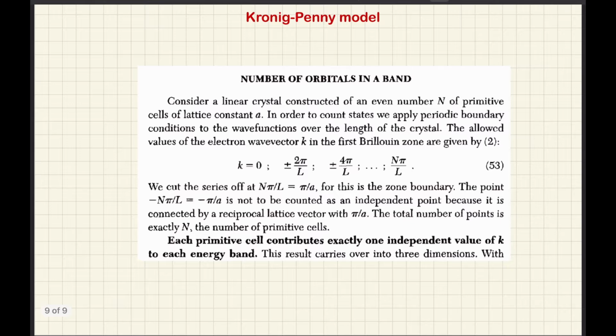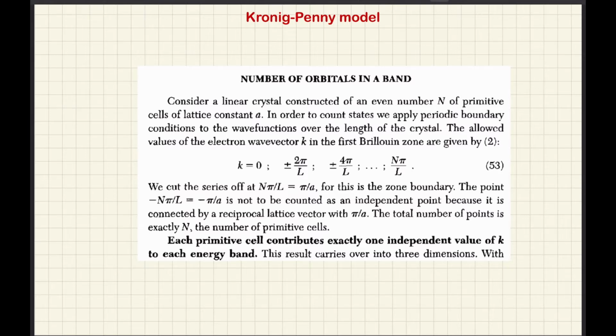So there are two boundaries: minus nπ/L equal to minus π/a, and nπ/L equal to π/a. But we cannot take these as independent values. The value minus π/a is not a distinct value; instead, it is connected to π/a by a reciprocal lattice vector.